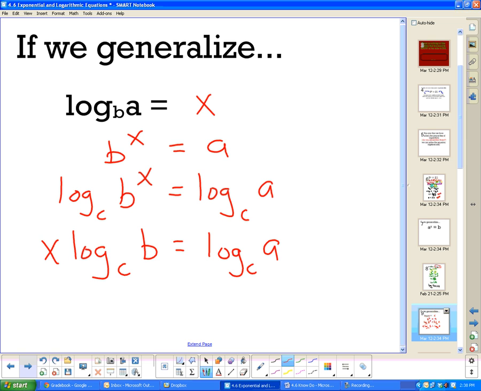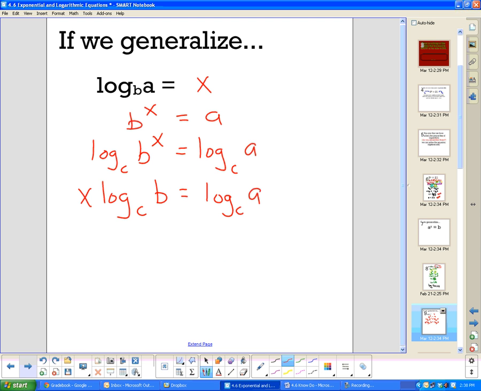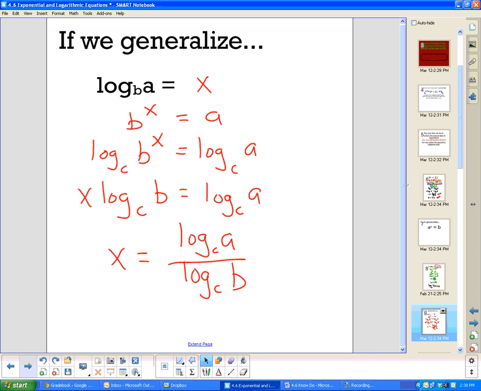So far, I'm doing the same thing that I did in the previous two examples, except instead of doing it with specific numbers, I am doing it in the general case with just constants. I'm going to divide both sides by logarithm base c of b. And I'm almost there. All that's left to do is remember that I had set this x equal to logarithm base b of a, so I can undo that substitution.